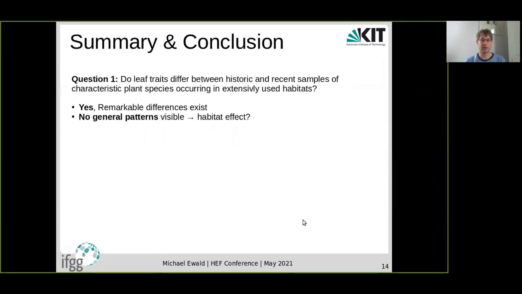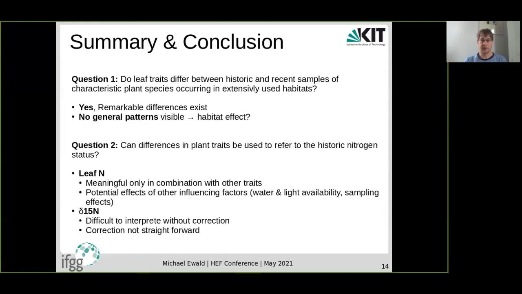In summary, we can say that we found remarkable differences in the traits of leaves from herbarium specimens compared to the leaves that were recently sampled, but we didn't find any general patterns across all the species. Instead, we rather found something like a habitat effect, indicating that the species in different habitats reacted differently to the environmental changes that occurred.